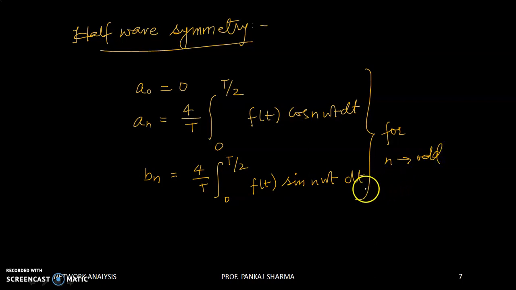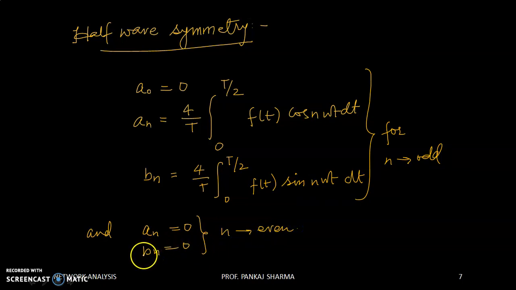For n odd, these are the values, and the value of an is equal to 0 and the value of bn is equal to 0 for n even.